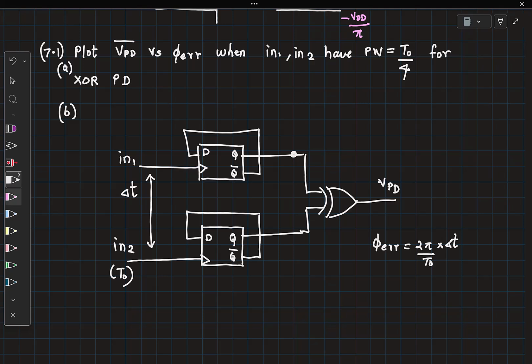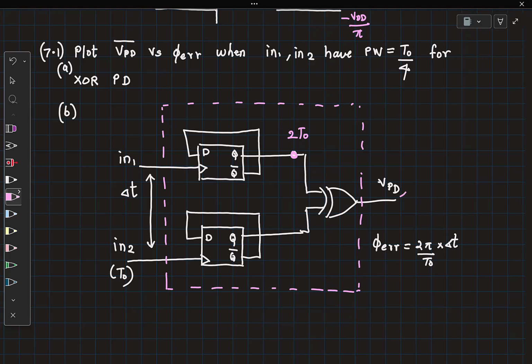However, the signals here have a period 2T0, but this is internal to the phase detector that you are considering now. Your phase detector circuit is this whole block. So you will have to keep this in mind when you are calculating the VPD average.